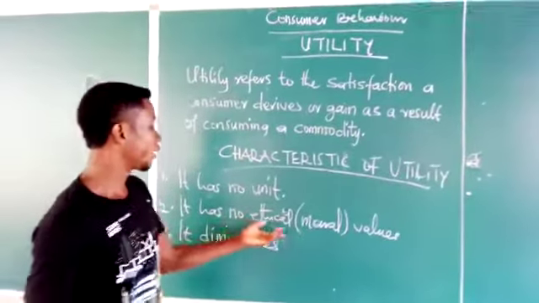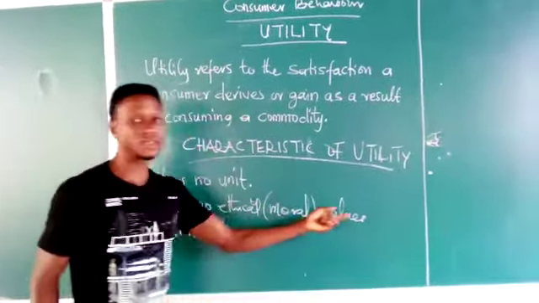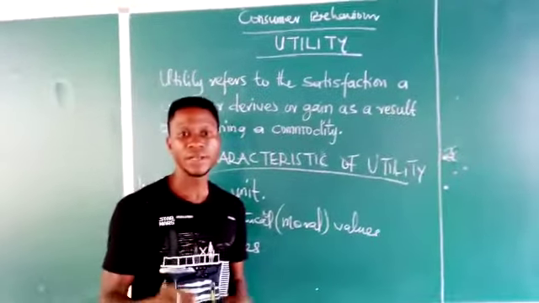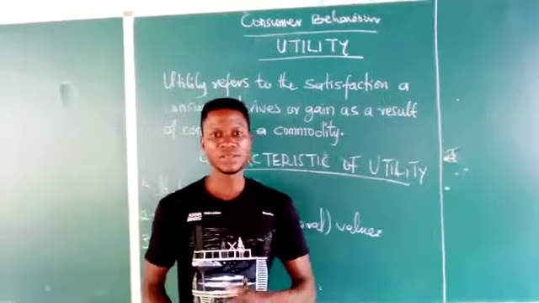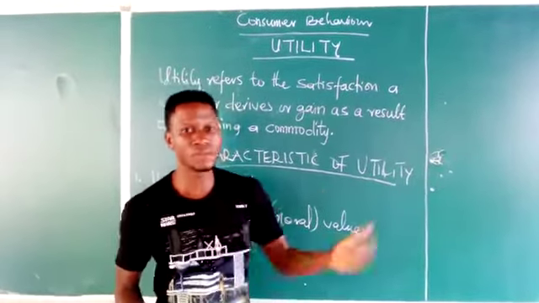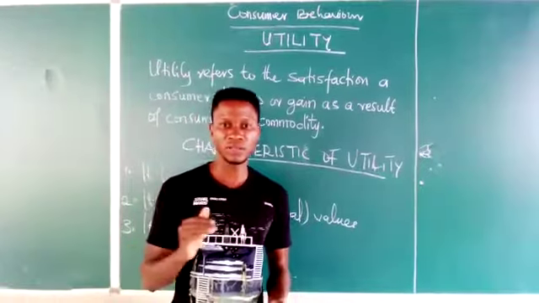It has no ethical or moral values. It means there is nothing like morality attached to the commodity that the person is consuming. It doesn't matter if the person is smoking weed or doing something that is contrary to moral ethics.